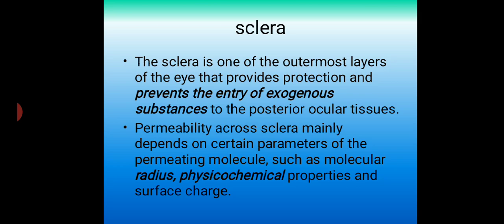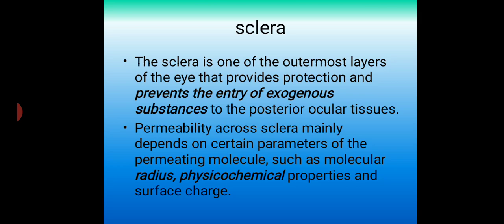As the scleral anatomical nature itself is to protect, it will always have the tendency to prevent the entry of unwanted substances into the eye. Thus, the permeation of a drug across the sclera will be a difficult task.